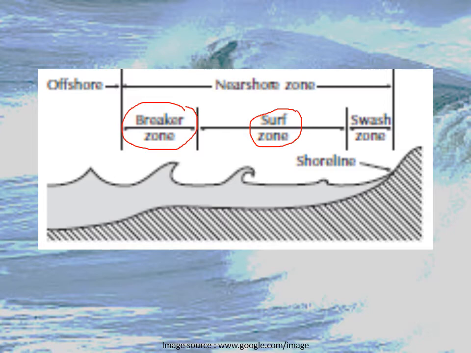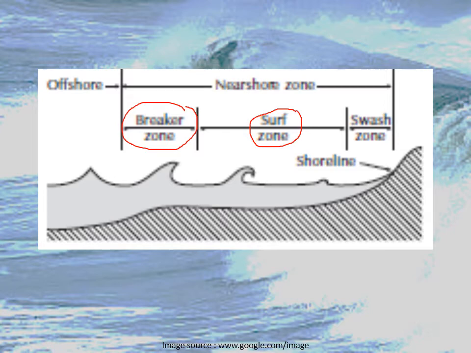They are mainly doing their activity in this area, just after the breaker zone, where they slide on pads or wooden boards from these highly elevated wave breaks, and gradually slide through these zones. So from that, the zone is named the surf zone.